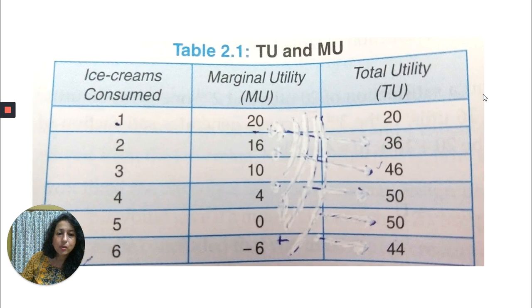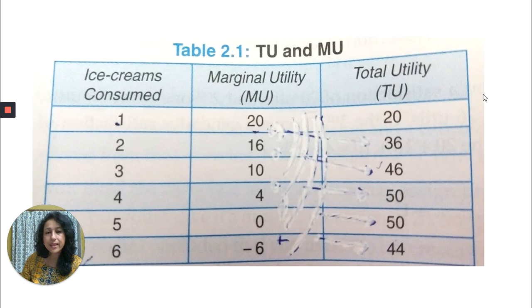Total utility goes on increasing as long as marginal utility is positive. The increase is gradual. When marginal utility is 0, total utility is maximum, right? And when marginal utility is negative, total utility starts descending.